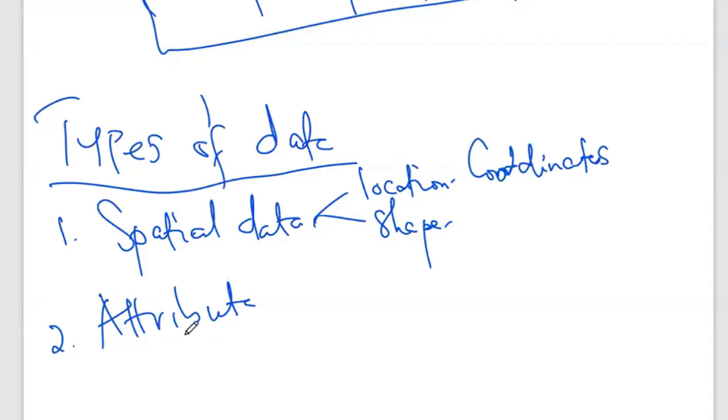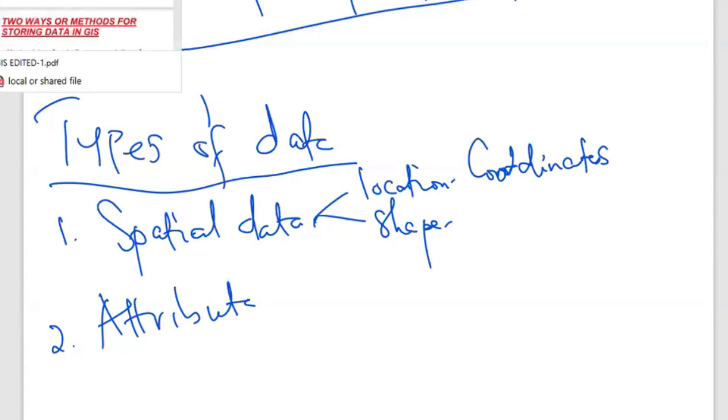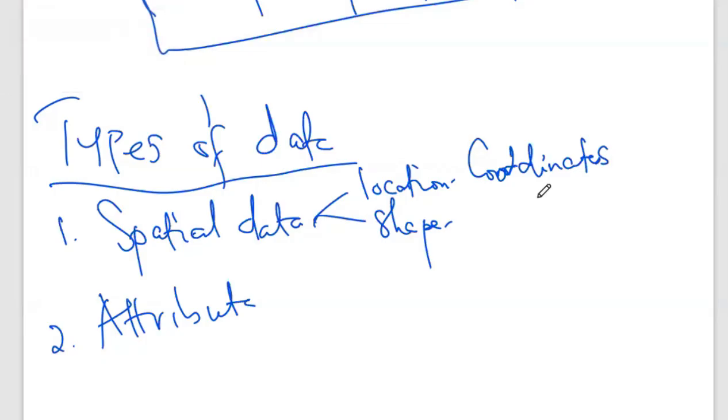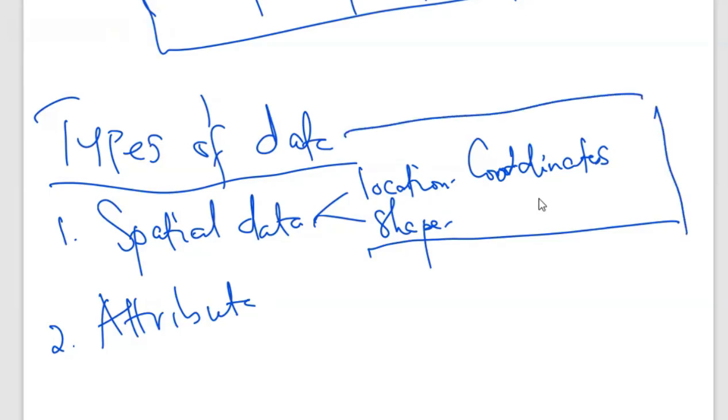What kind of a shape is that object or that feature? That is spatial data. It describes the location and the shape of geographical features. Basically, location and shape. So any form of data which gives us the location of a geographical feature, and which gives us its shape, is spatial data.